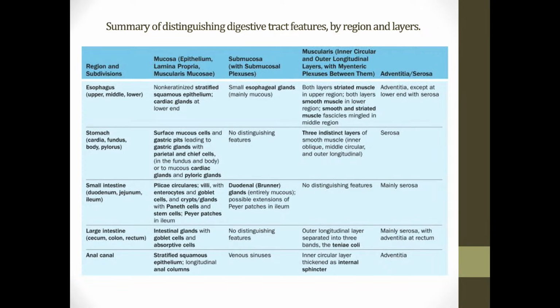But the parietal and chief cells are only in the fundus and the body, not the pylorus. The mucous cells are in all parts, and the endocrine cells also.